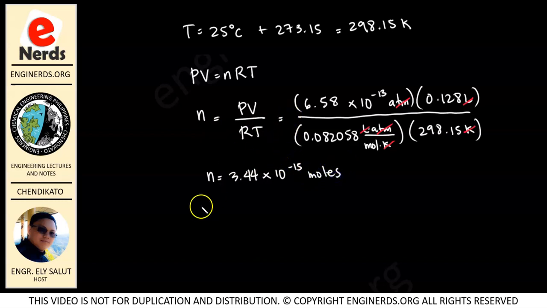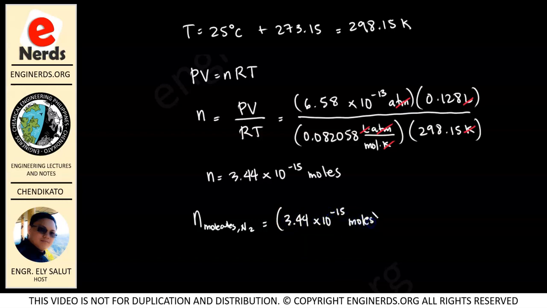Alright, so to get the number of molecules of our N2, let's just write here: molecules of N2 is equal to our number of moles, which is 3.44 times 10 to the negative 15 moles.